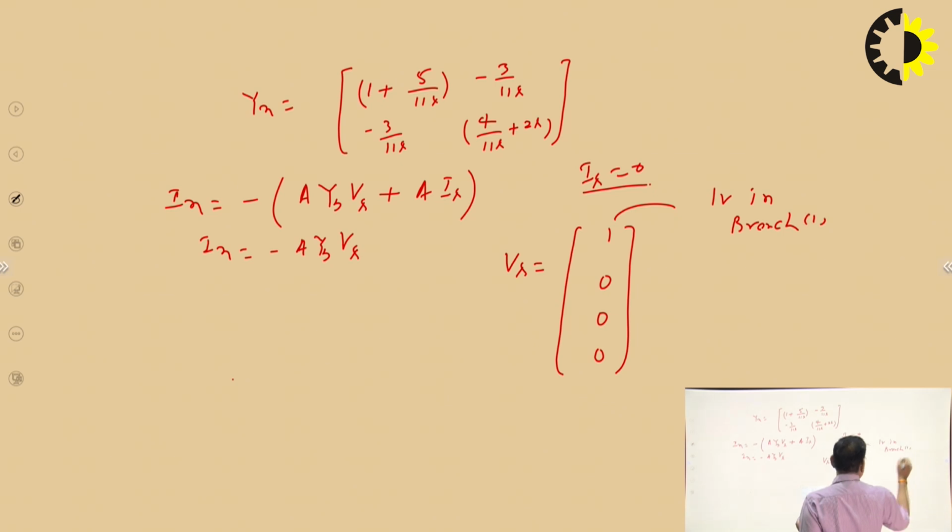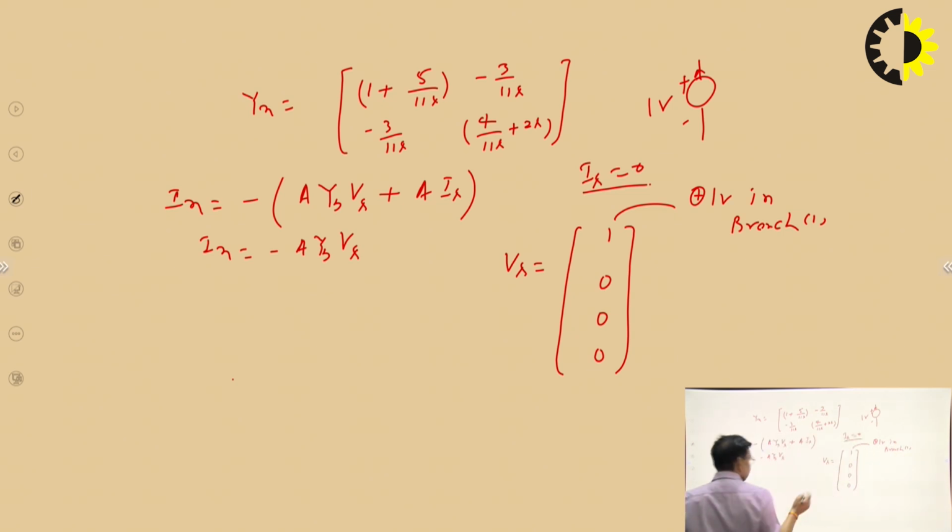So this is 1 volt and current is leaving the plus terminal, so it is plus 1 volt.